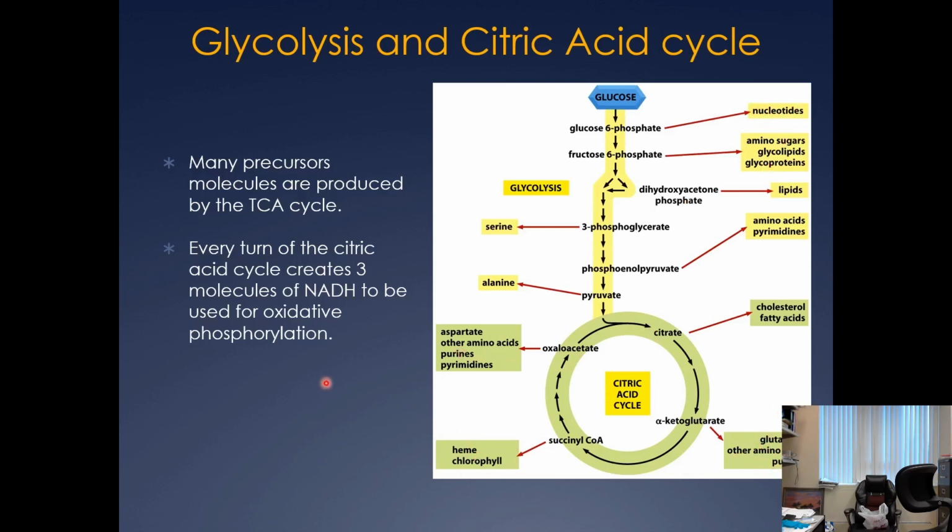But ultimately, every turn of this citric acid cycle produces 3 molecules of NADH. That then goes on to be used for oxidative phosphorylation.